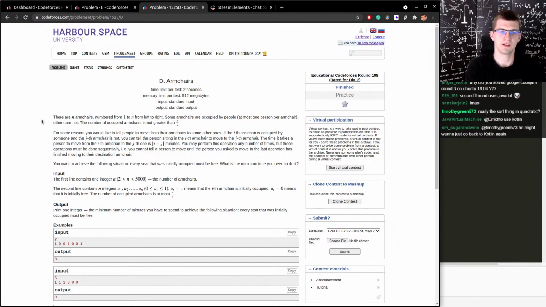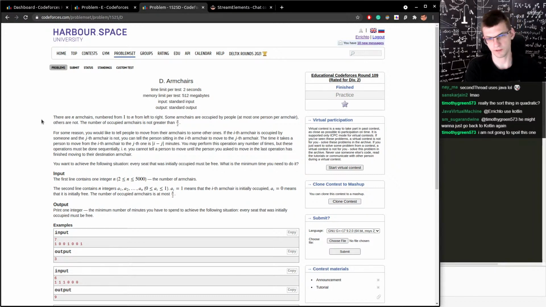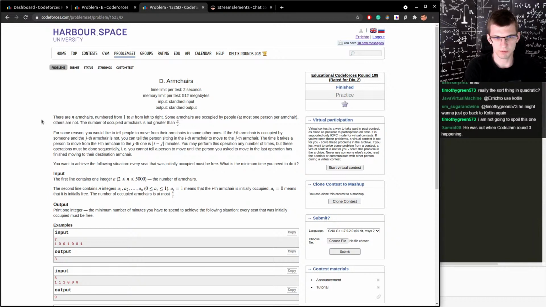Let's see. You would like to tell people to move from their armchairs to some other ones. If the ith armchair is occupied by someone and the jth armchair is not, you can tell the person sitting in the ith armchair to move to the jth armchair. So, sure, a person can change their chair. The time it takes is the difference between positions.